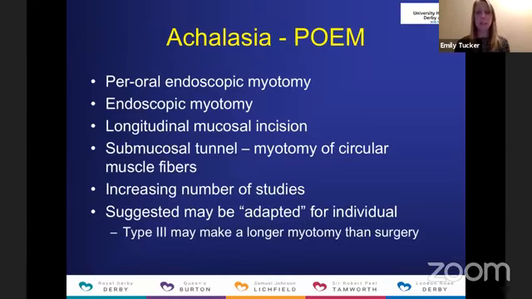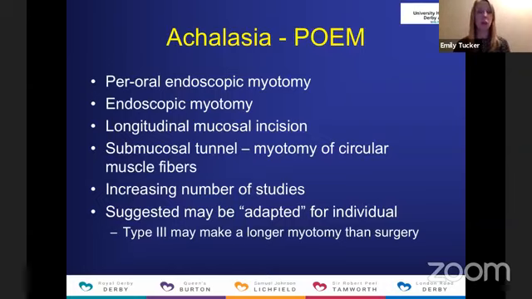Now, POEM is something that is being done, although we don't have any large randomized controlled trials at the moment. It is a version of myotomy done endoscopically, so you don't need an operation, although you do still generally need a general anesthetic. You make a longitudinal mucosal incision to break down that area of muscle to allow the lower esophageal sphincter to relax.